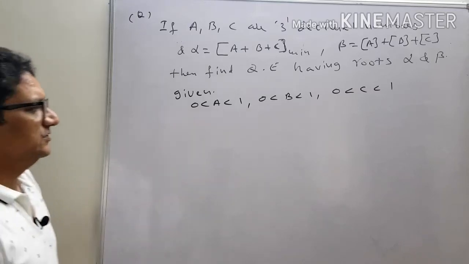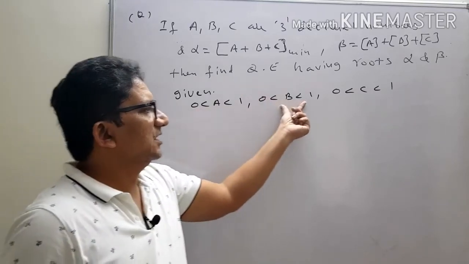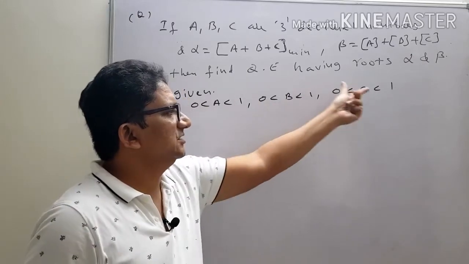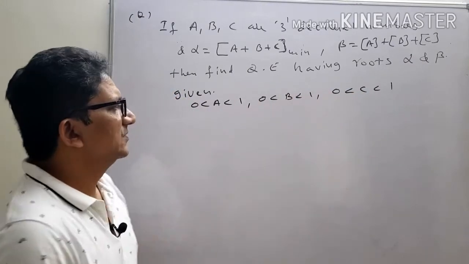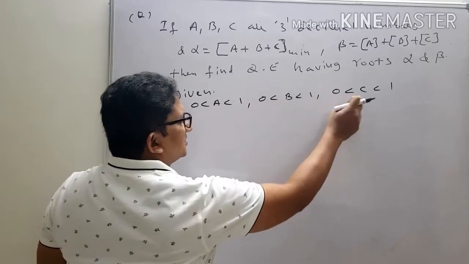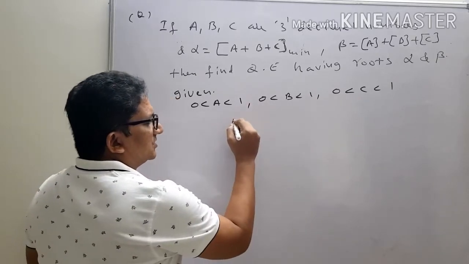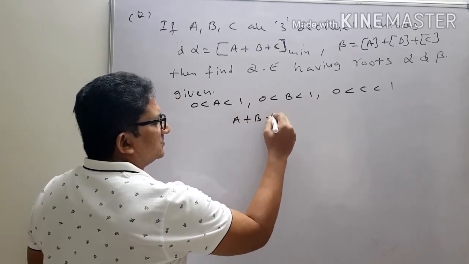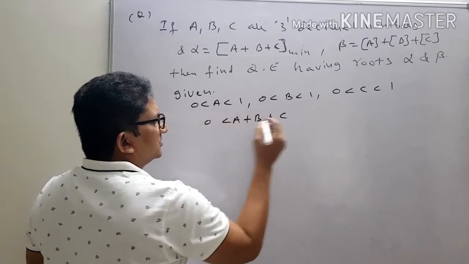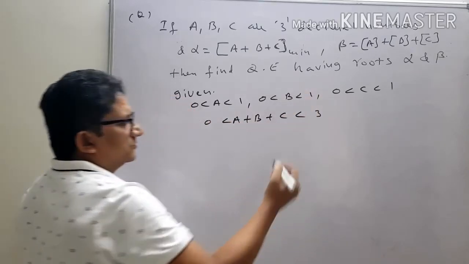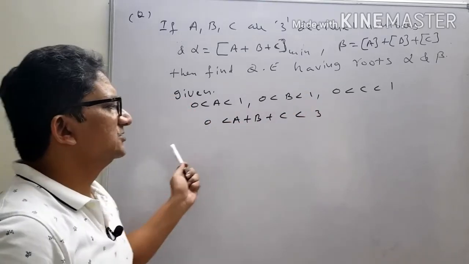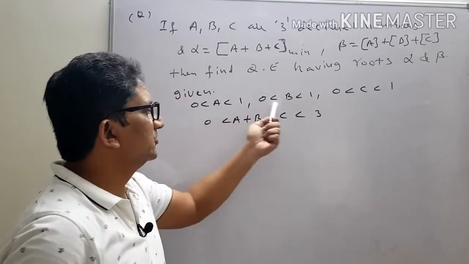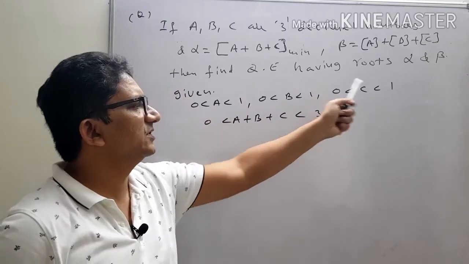For that, we use the condition that a, b, c, all three lie between 0 and 1. So their sum definitely lies between 0 and 3 only. We won't get anything less than 0 or more than 3, because their individual limits are between 0 and 1.